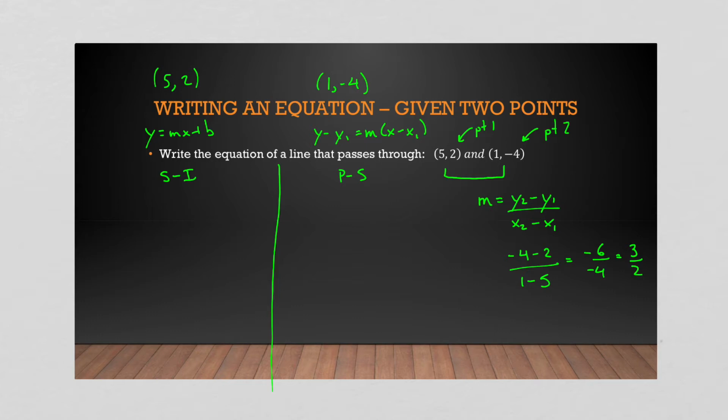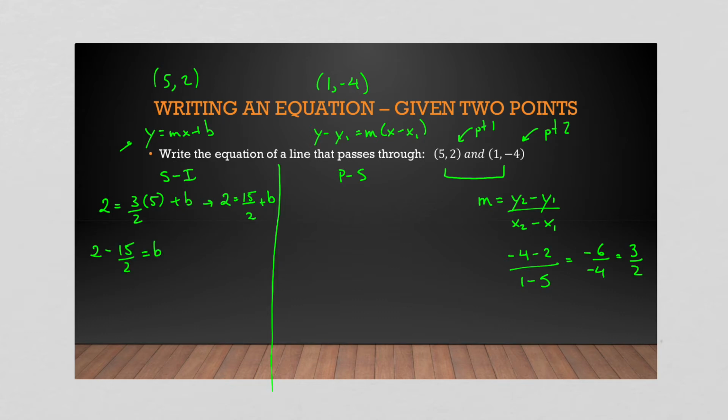So for slope-intercept form, we have the y, and we have the x, and we have the m. We just don't have the b, so let's plug in and find it. So 2 equals 3 over 2 times x, which is 5, and then plus b. So now we're going to do a bit of algebra, a bit of arithmetic. 2 equals 15 over 2 plus b. We're going to subtract 15 over 2 from both sides. We get 2 minus 15 over 2 equals b.